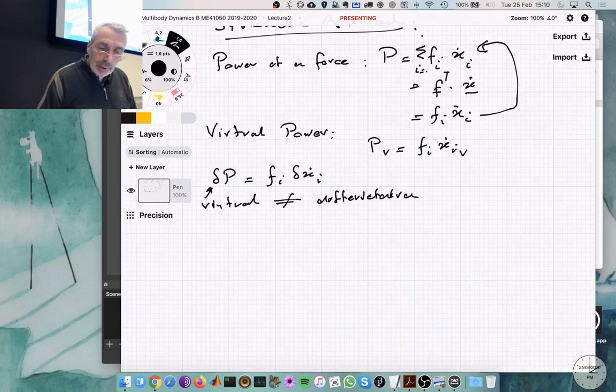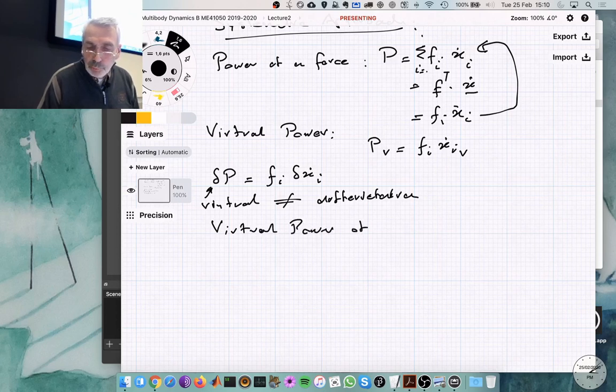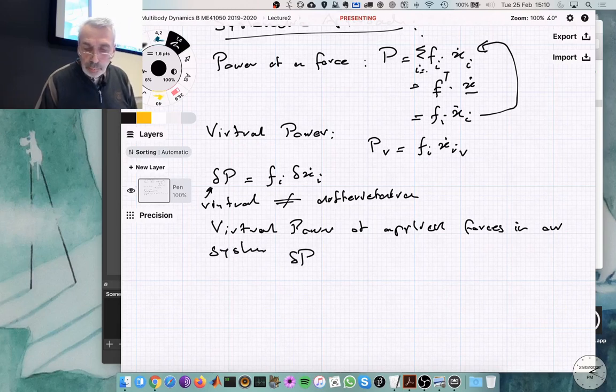Now, what is the statement? The virtual power of the applied forces in our system is easily written down. That is delta P equals F_i times delta x dot_i. And then I have to define, of course, what my forces are.